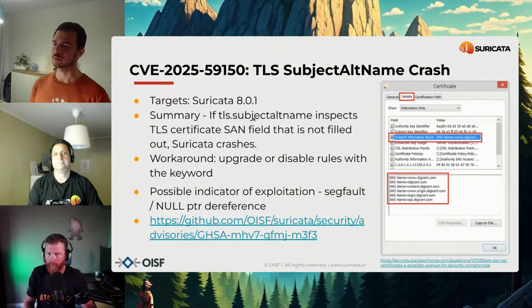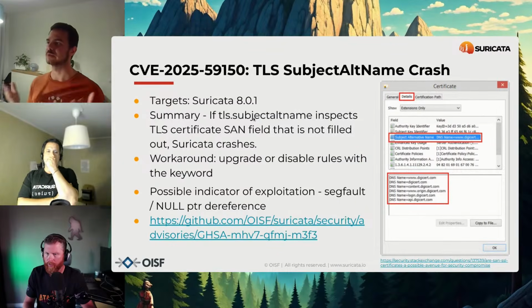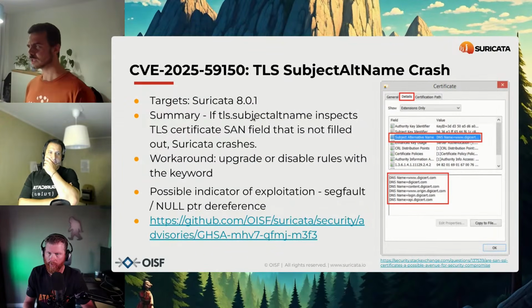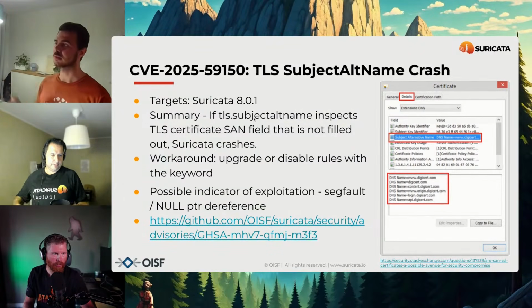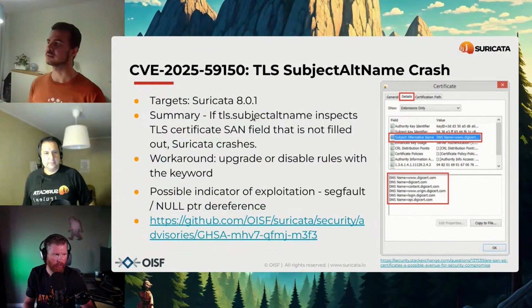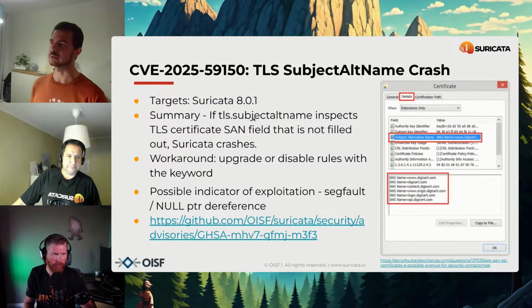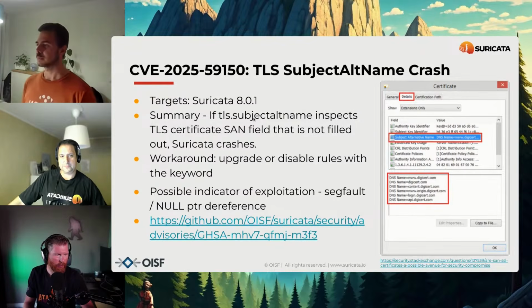Again, the workaround is to upgrade or disable rules with this specific sticky buffer. From what I checked, I haven't seen this in Suricata 7, and this CVE is definitely not Suricata 7 related. It just fixes stuff in Suricata 8.